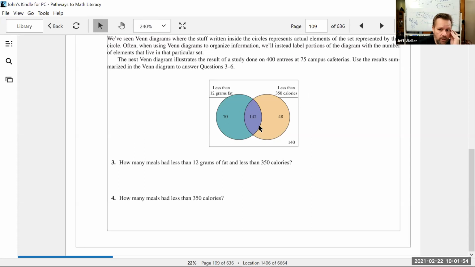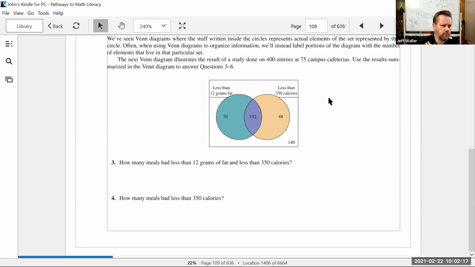So there are 48 things that have less than 350 calories. Okay. But don't have less than 12 grams of fat because they're in this circle, but not in this circle. So if you're in this circle, you have this. If you're not in this circle, you don't have this.